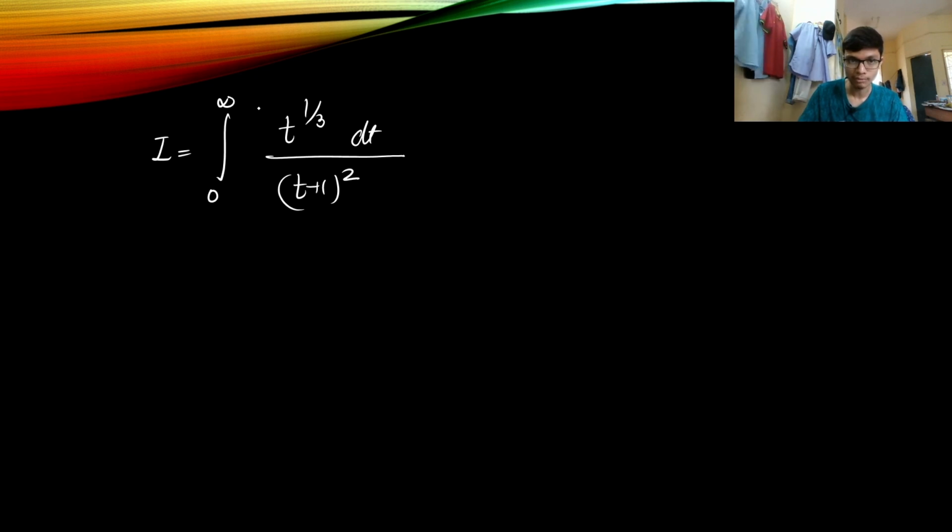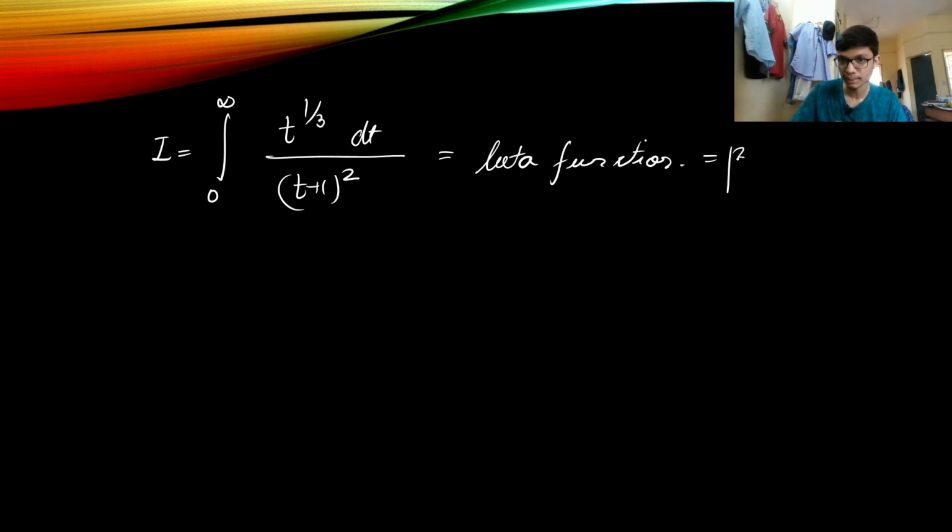We are already familiar with this format of integral, which is simply a beta function. Let us assume this beta function is of some numbers alpha and beta.